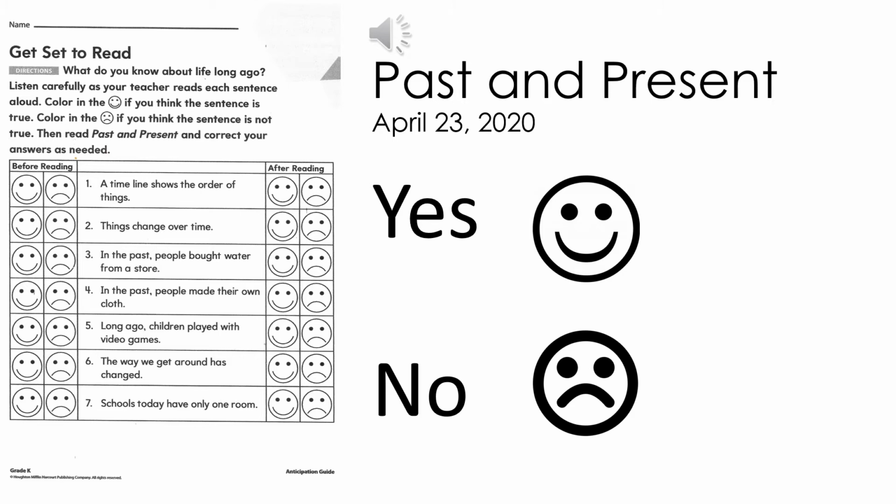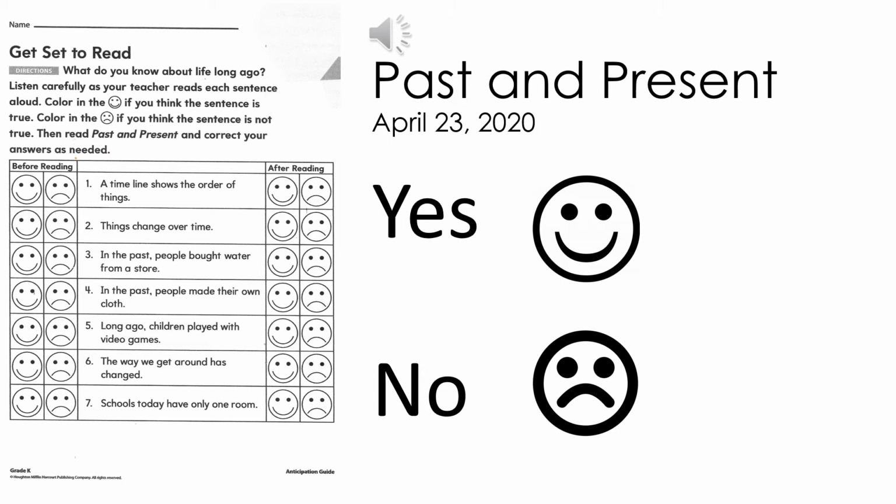All right, number 3. In the past, people bought water from a store. Is that true or false? If that's true, and in the past, people bought water from a store, color the happy face.